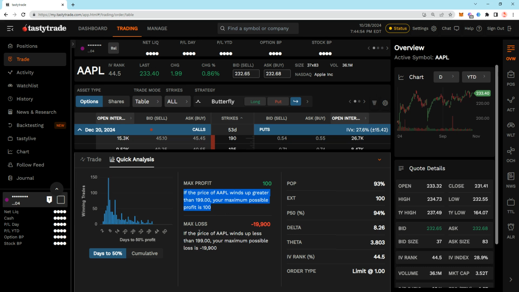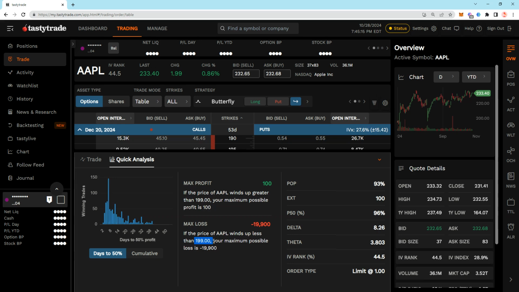of today. And the max loss is if Apple goes to 0, but less than 199, you could lose $19,900. Yeah, it sounds scary, but as long as Apple stays above 199, which is 200 minus the $1 income that you collected, you should collect everything.